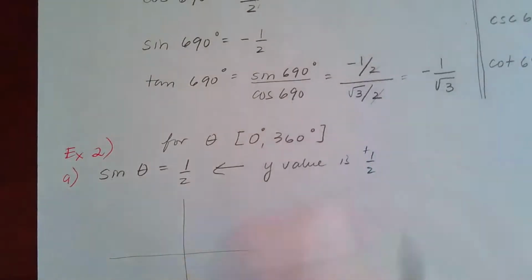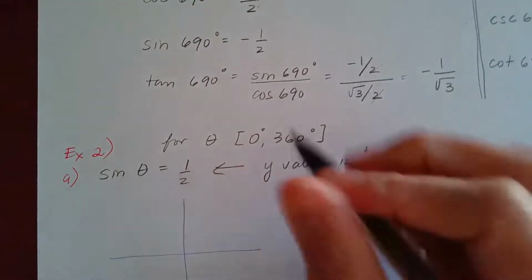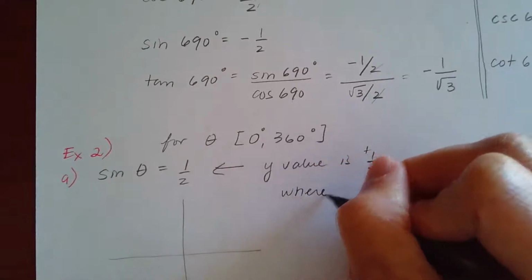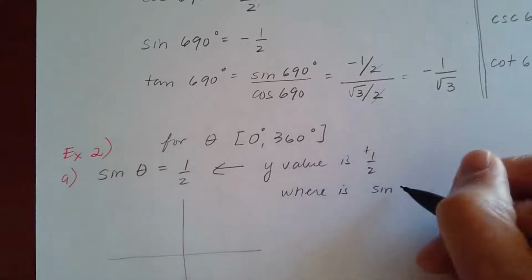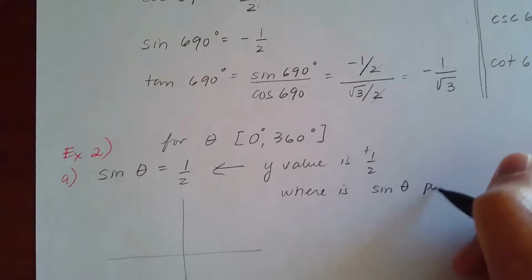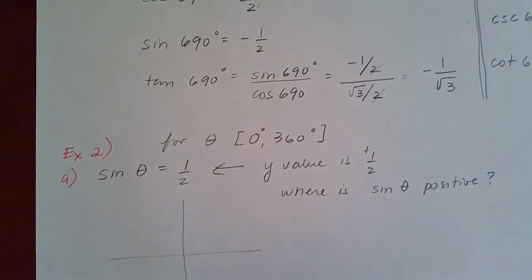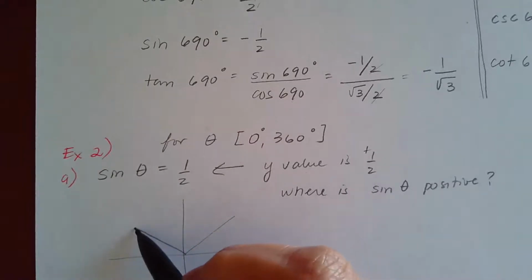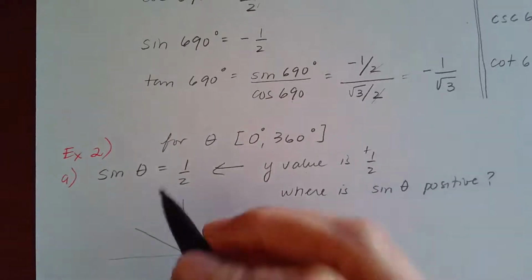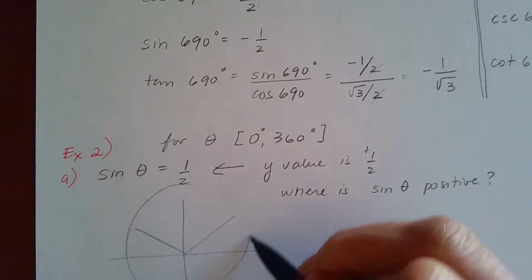Positive. Where is the sine positive? We know that the sine is positive in quadrant 1 and quadrant 2.